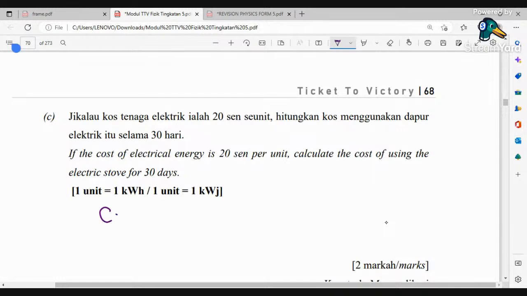So cost equals number of units used, 300, multiplied by 0.2 ringgit, 20 cent. So we get 60 ringgit. It means in 30 days it uses 60 ringgit for cooking.